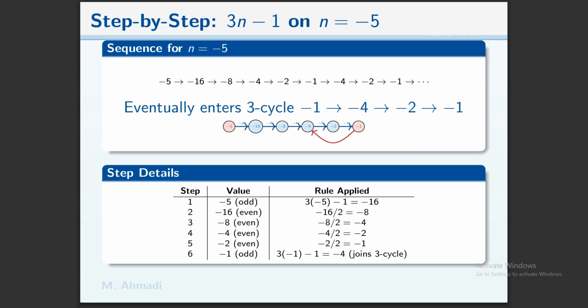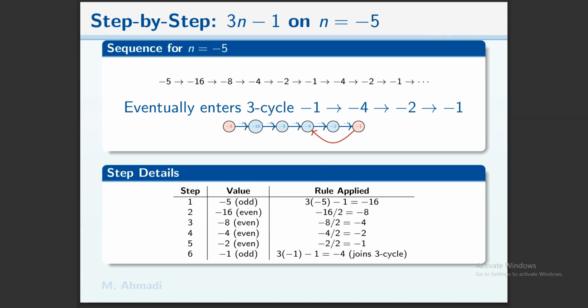For n equal to minus 5, here we can see the value is odd. After applying the rule, the result is minus 16. Here we enter the minus 16 state. Minus 16 is even, then the result is minus 8.